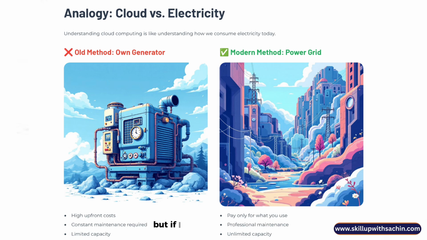But in terms of cloud, you are basically outsourcing the task of electricity generation to a particular company. Let's say you are outsourcing this task to an energy company, and now they will generate the electricity for you, and you can use that electricity as and when required.